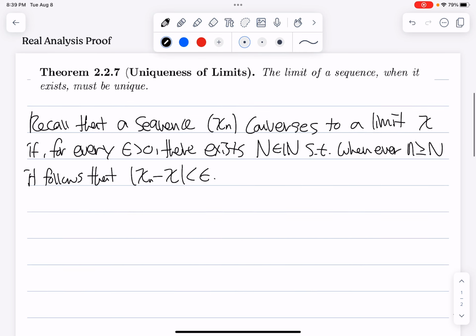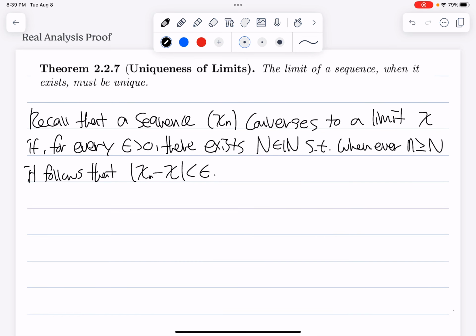All right, so that's the definition of a limit, and this will be handy when we are proving the uniqueness of limits.